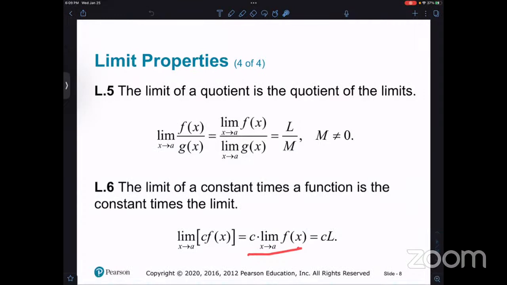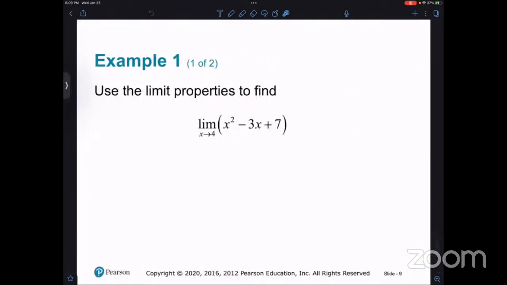All right, let's see if we can see some of these in action. Use the limit properties to find this. One property we said was that the limit of the sum is the sum of the limits. So this is going to be the same as, you can essentially distribute that limit into the trinomial.